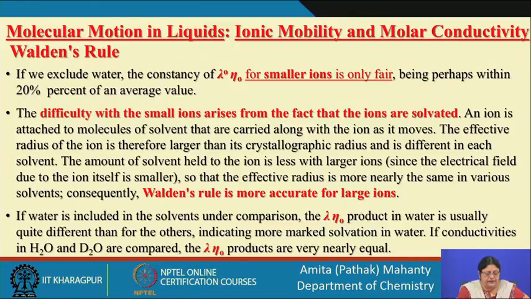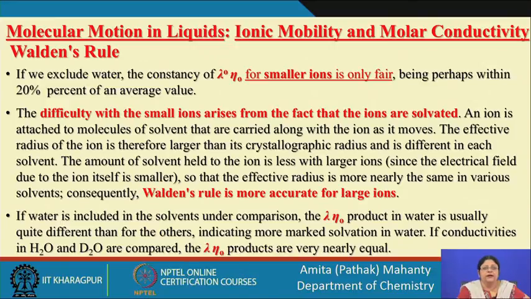If conductivities in H2O and D2O are compared, then the lambda into eta naught, the solvent viscosity product, is nearly equal. So, what does that mean? If water is included as the solvent under comparison, this product of ionic conductivity into the viscosity coefficient in water is usually quite different from the others, indicating more marked solvation in water.